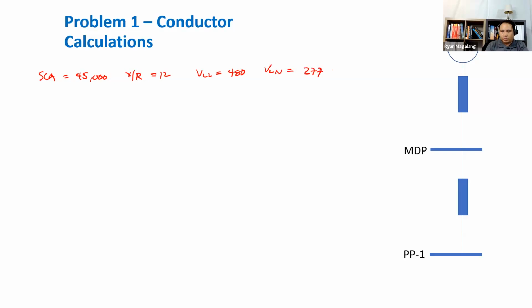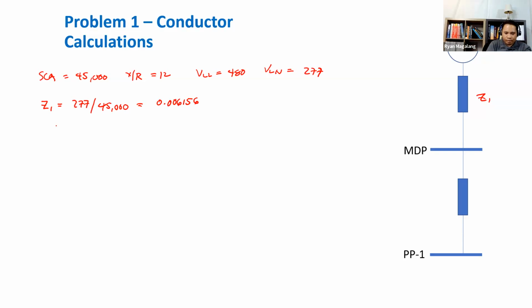So our source impedance Z1 is simply our voltage divided by 45 kA, which leaves us this value. I already pre-calculated it, so we're fast.